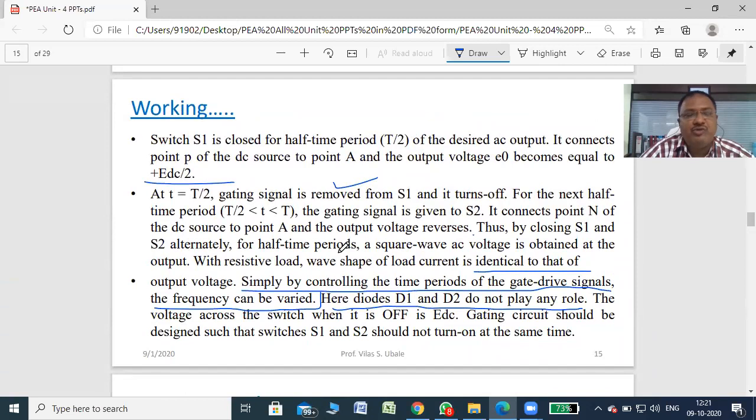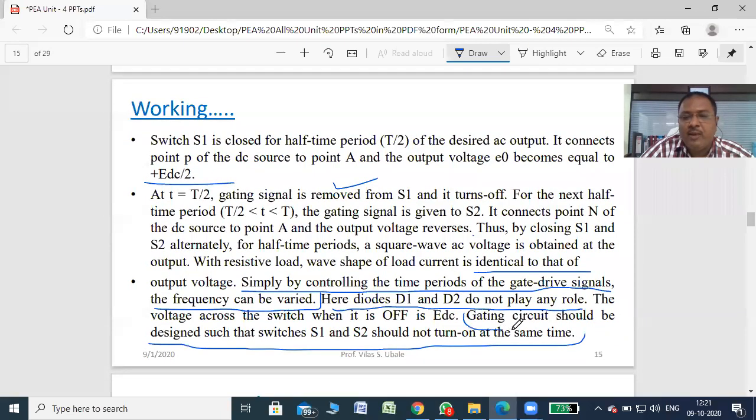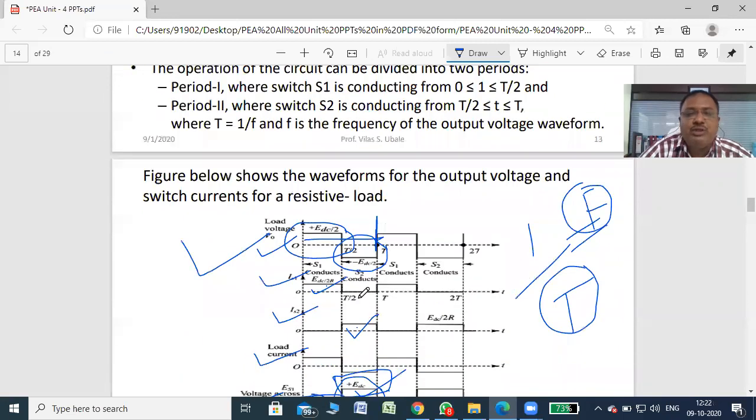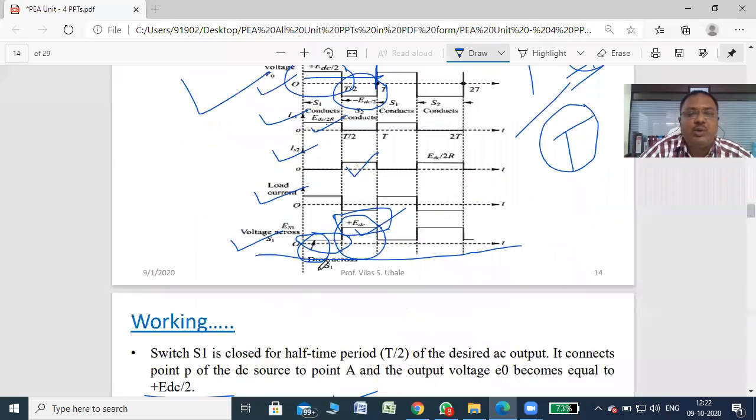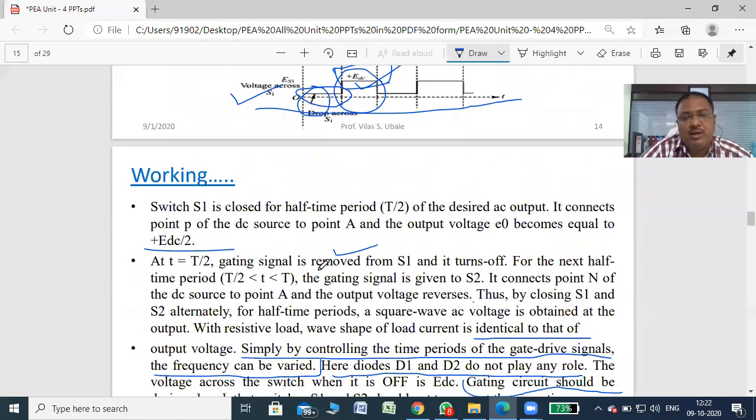We will see the operation with inductive load also, but the gating circuit should be designed such that the switches S1 and S2 should not turn on at the same time. This is another important thing. If S1, S2 both are turned on, then definitely this circuit will never work as an inverter, right?